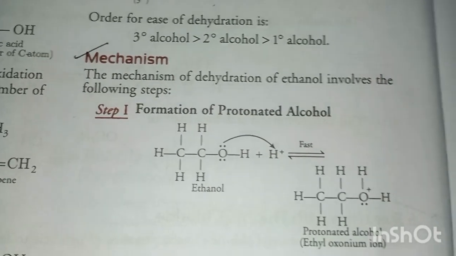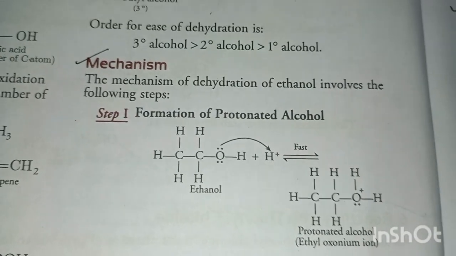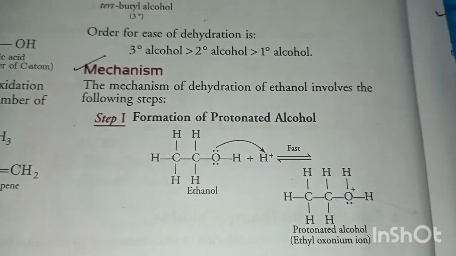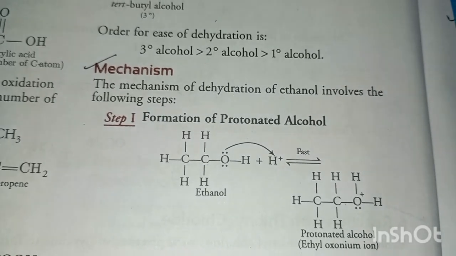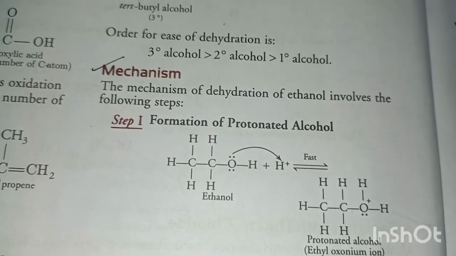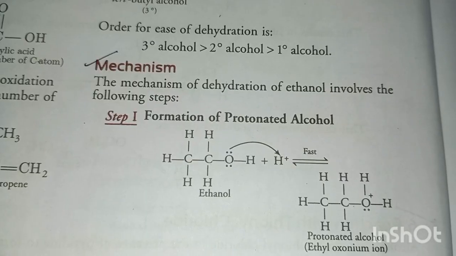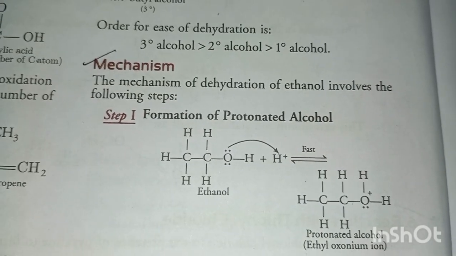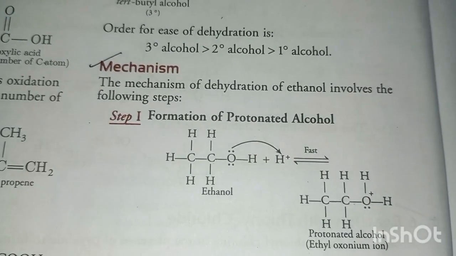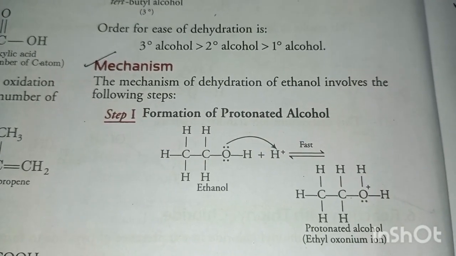CH3, C2H5, these are all +I groups, electron releasing groups, so they stabilize the carbocation. The more such alkyl groups, the more stable the carbocation. Hyperconjugative structures are also most in tertiary carbocation, less in secondary and least in primary. Now we will discuss the mechanism.